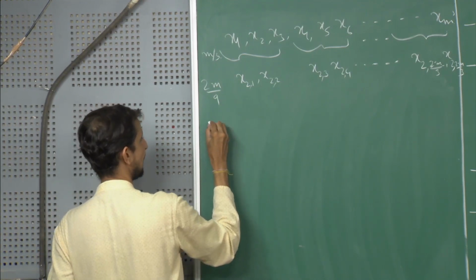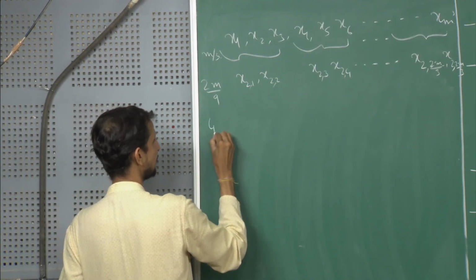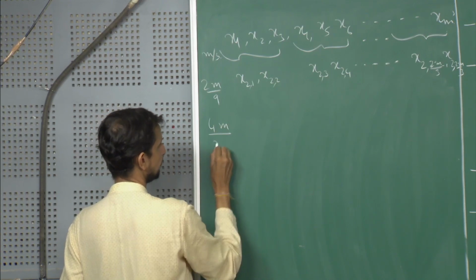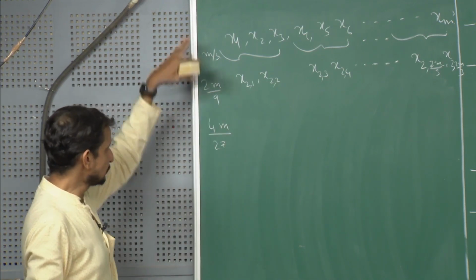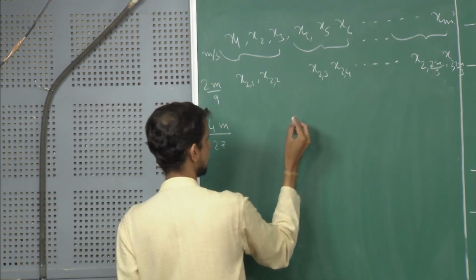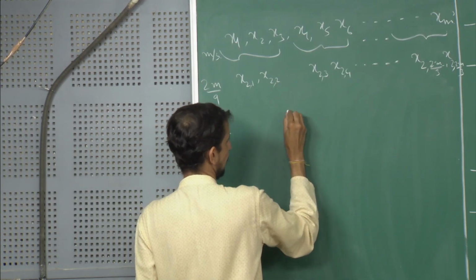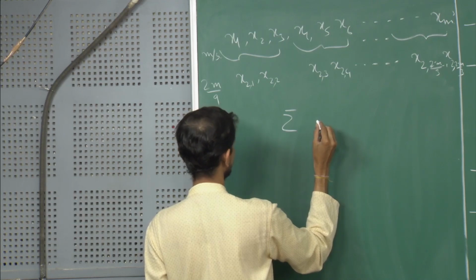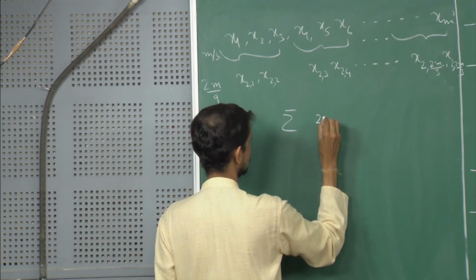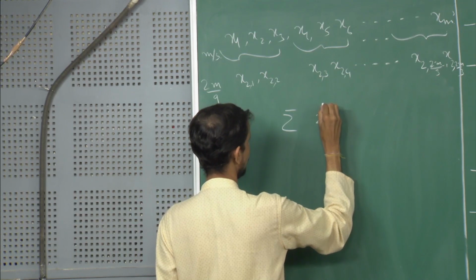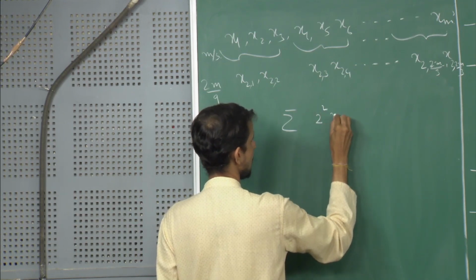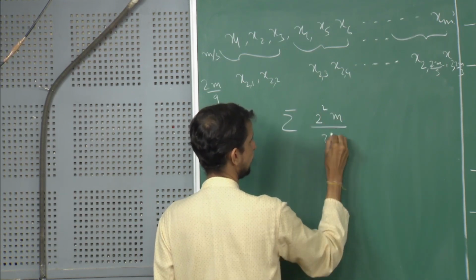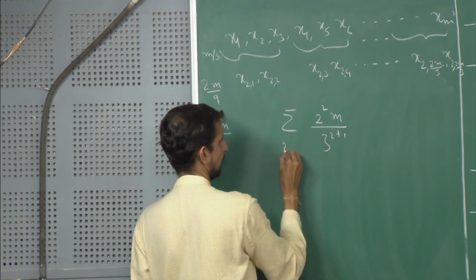In the next layer we will do the same thing, so we will have something like 4m by 27. Essentially the total number of such additions will be sigma of 2 to the power i m divided by 3 to the power i plus 1.